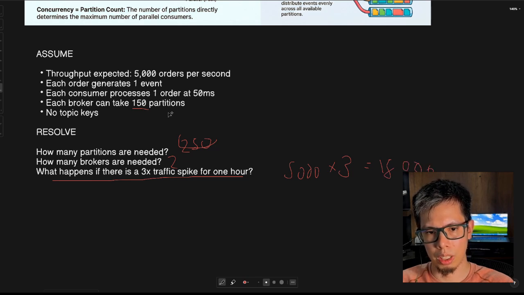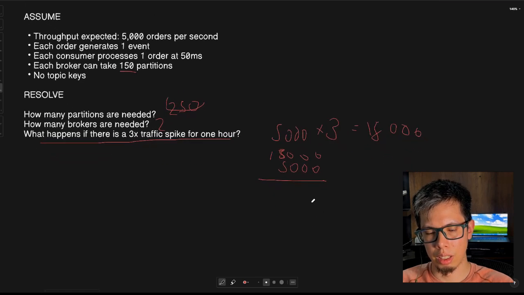If you already know that in a single second 5,000 can be consumed, then for each second, how many messages will be delayed in the partition? 10,000. So there will be 10,000 messages that will be delayed in the partition, right?